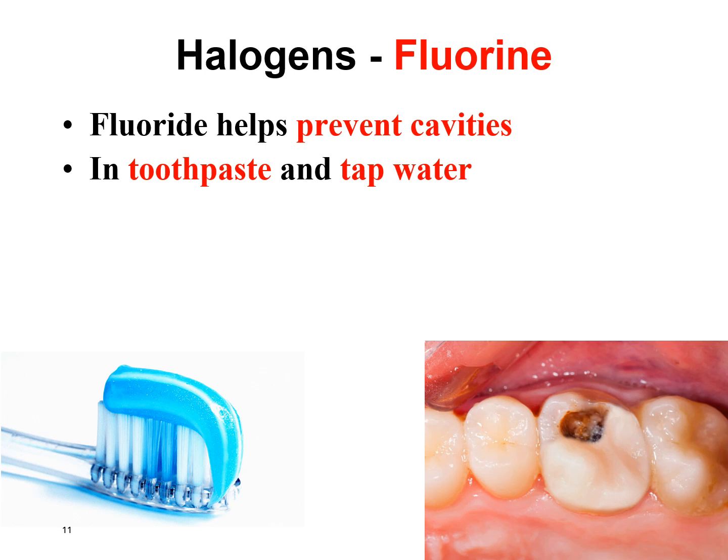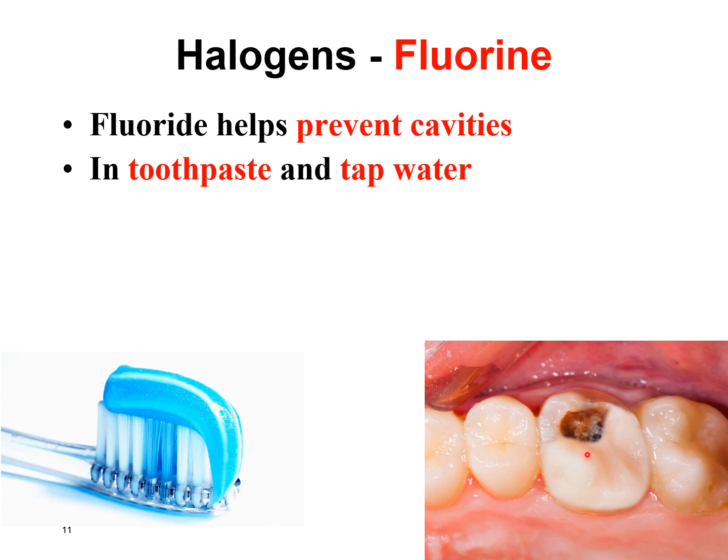Our last halogen is fluorine, and this is really important in dentistry because it will help prevent cavities, and it does that in two ways. So it will help harden the enamel on your teeth, because the bacteria in your mouth, some of them will do fermentation and produce acids which will soften the enamel, and once the enamel is softened, that can get eaten away eventually and form a cavity.